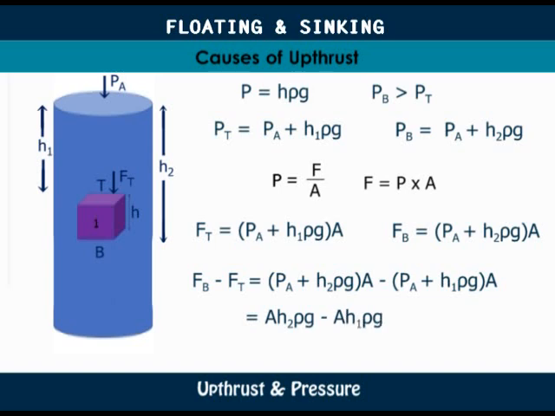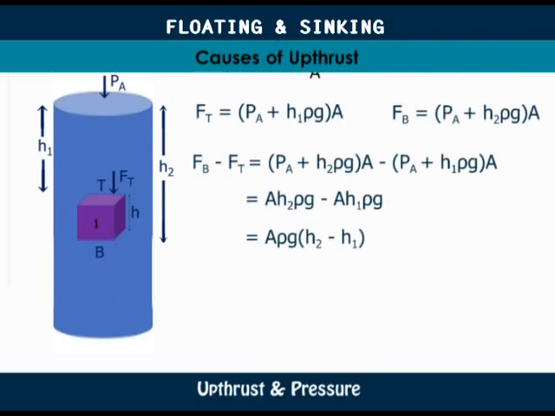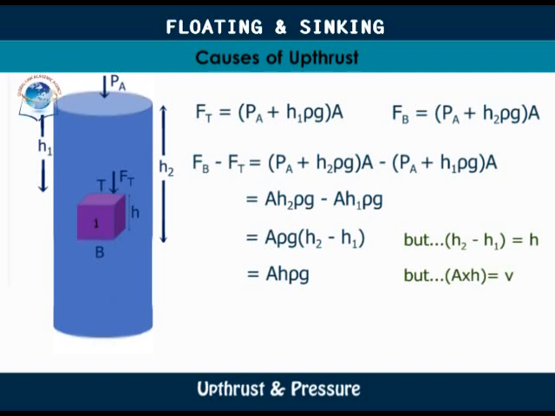Factorizing out A rho g, we get A rho g times (H2 minus H1). From our figure, H2 minus H1 is equal to H, and so we get A H rho g. Again, cross-sectional area times height is equal to volume, and so upthrust is equal to V rho g, where V is the volume of the displaced liquid, which is equal to the volume of the block.